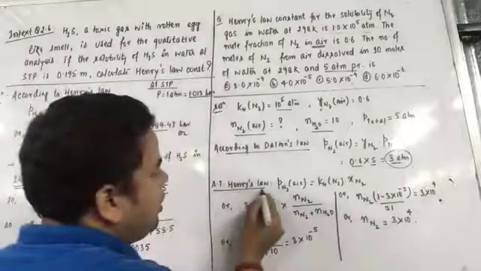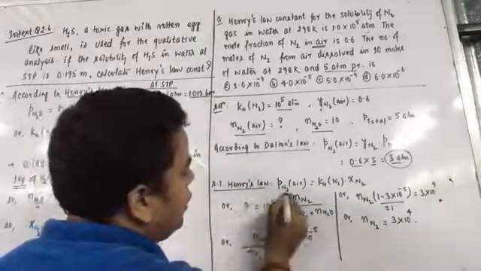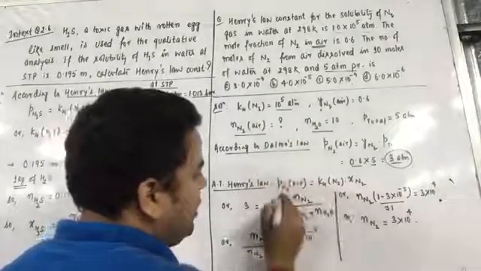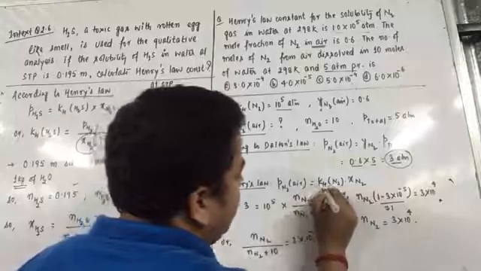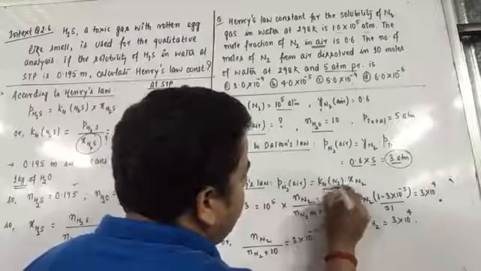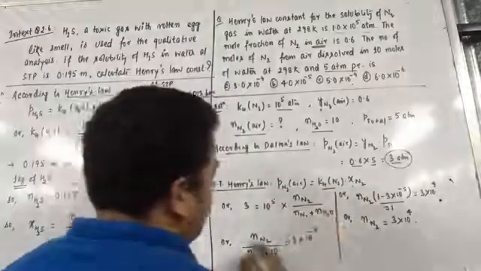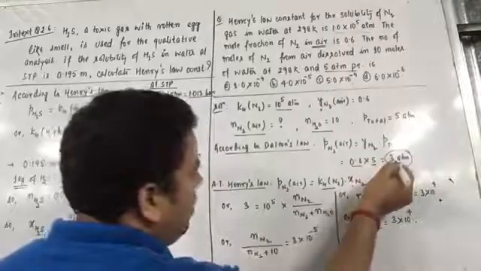Now let us use Henry's law. According to Henry's law, pressure of nitrogen gas which is present in air is equal to its Henry's law constant multiplied by mole fraction of nitrogen gas. This pressure we have calculated already here, 3.